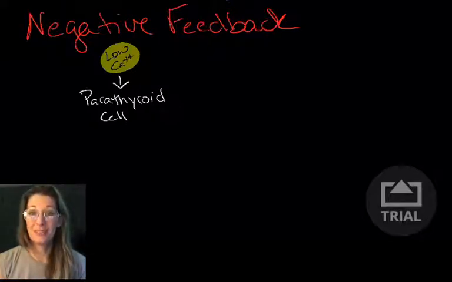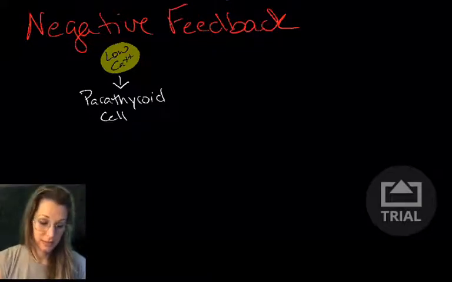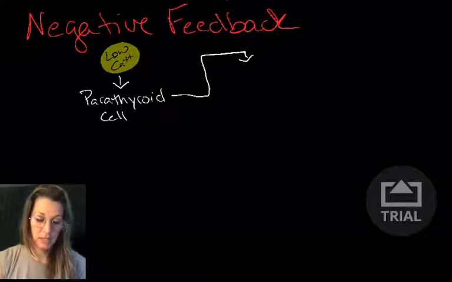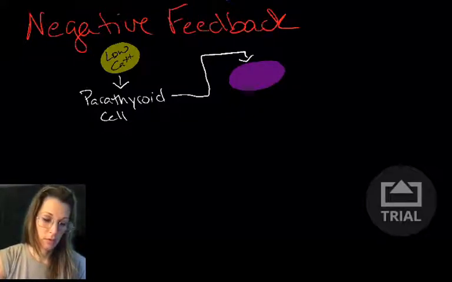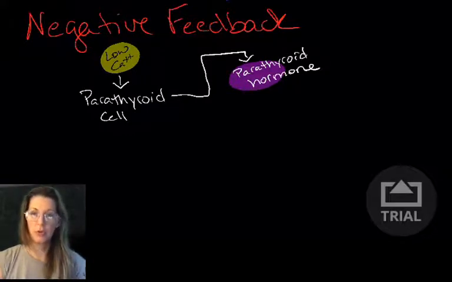Parathyroid cells then release, you guessed it, parathyroid hormone, and I'm going to put that in a little circle. In response to low calcium, the parathyroid cell releases parathyroid hormone. I didn't make my little purple circle big enough.